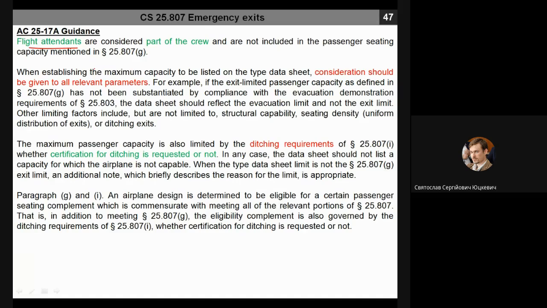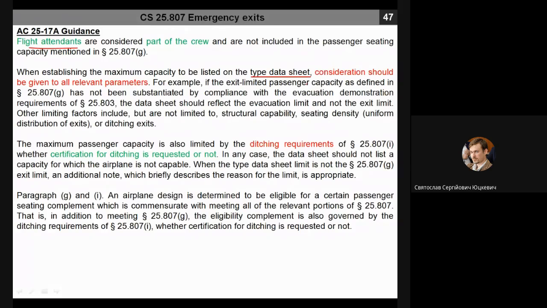And when we determine the maximum capacity of passengers in the so-called type data sheet, an additional document for the type certificate, we need to take other parameters into consideration.